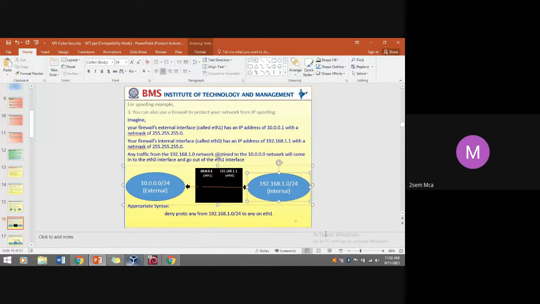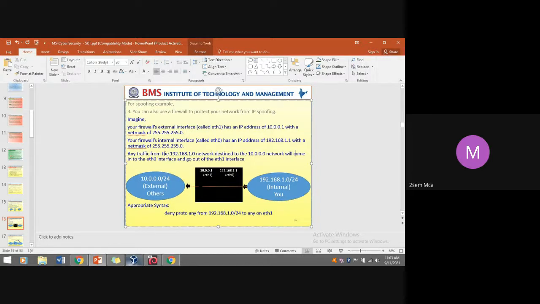Take this example and treat the external world as others. This is again a network. This is the internal network. This is the external network. For the internal network, you have a firewall installed. This firewall has the internal interface as ETH0 and the external interface as ETH1.